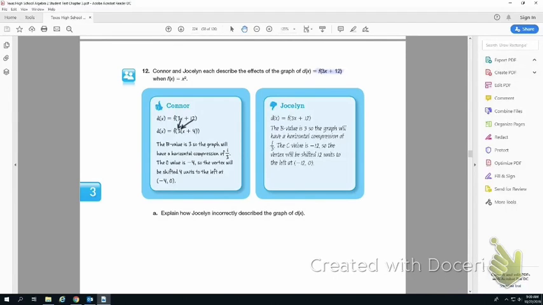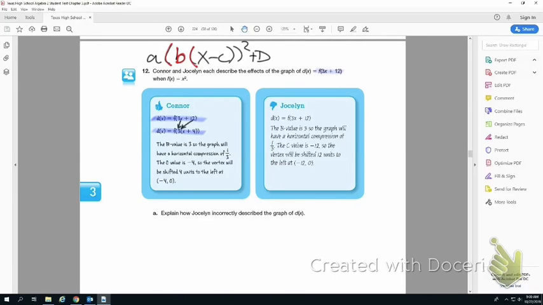That 3 is the B value. If you remember, when we were writing the transformations, the B value is always located in between two sets of parentheses. So if it is not set up like that, you need to make it look like that by factoring out that coefficient.